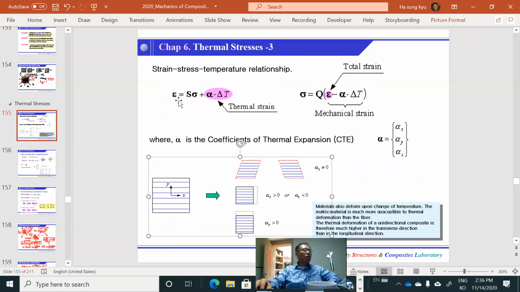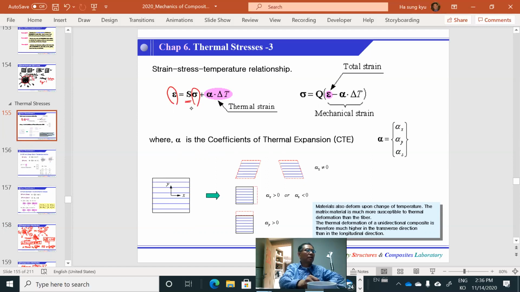Of course, we have the strain, the stress, and a compliance matrix. It's the same for isotropic material. All materials, as long as they are linear elastic, have a strain, a stress, and a compliance matrix.